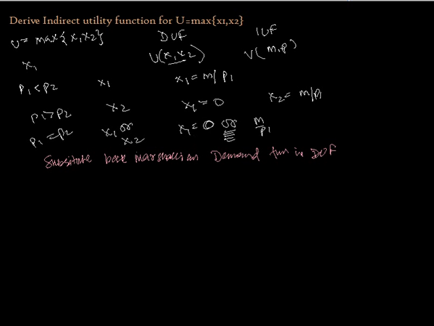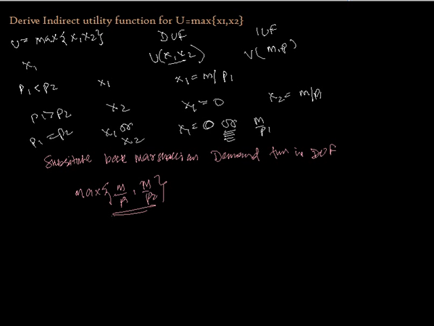What is the maximum utility you can have when you buy either the complete x1 or the complete x2? It could be the max of m by p1 comma m by p2. These are the only two maximum amounts which you can ever buy, either x1 or x2.